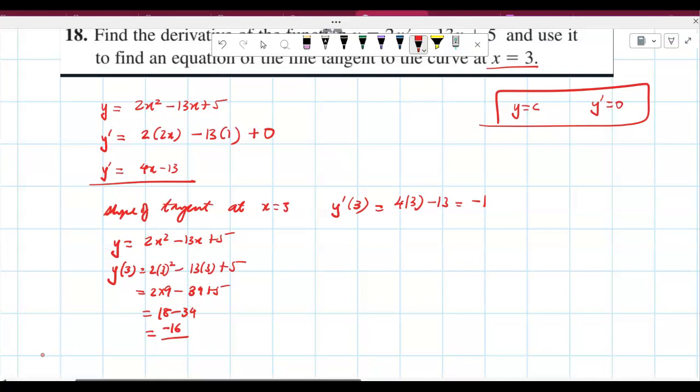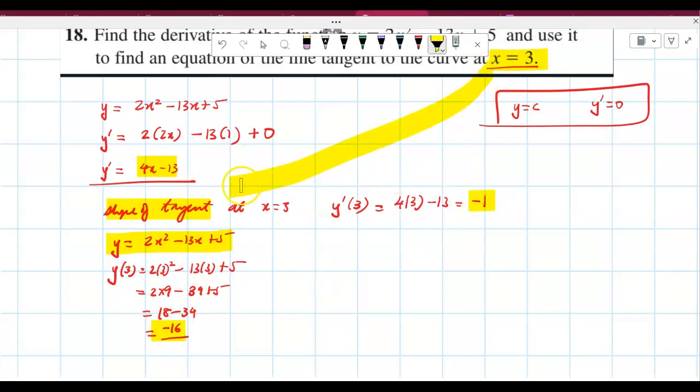So when you substitute your number in the derivative, you will get the slope of the tangent. When you substitute the number in the original function, you will get the corresponding y value. You're putting 3 here also, and you're putting 3 in the function also, but the outputs are different. In the derivative, you get the slope, and in the function, you get the y value. So basically, the coordinates of the point are (3, minus 16).